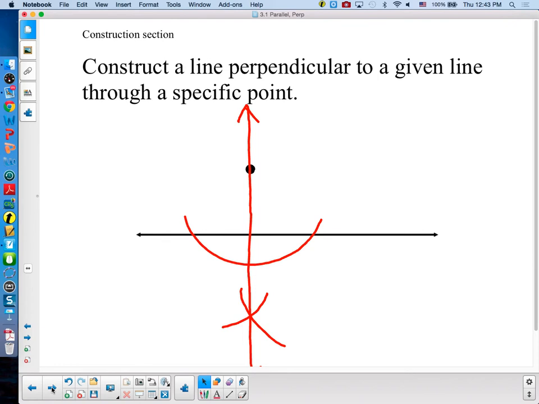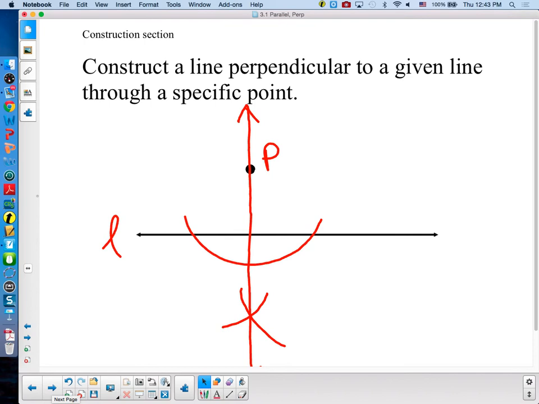And we will start with a line. And there's a point above it. The construction makes a 90-degree angle from P to that line. So we're going to get this to be 90 degrees.